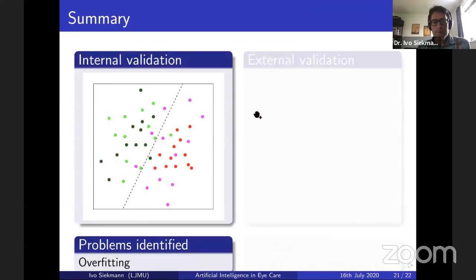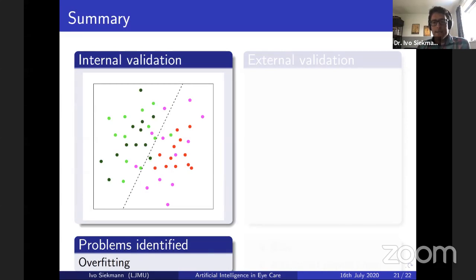Now, I would also like to say that when you look at these numbers, it is important how they were found. The problems that can be identified with internal validations are, for example, the overfitting problem.